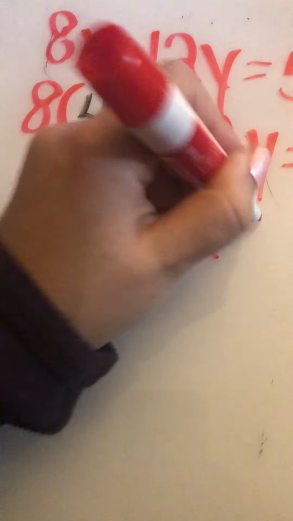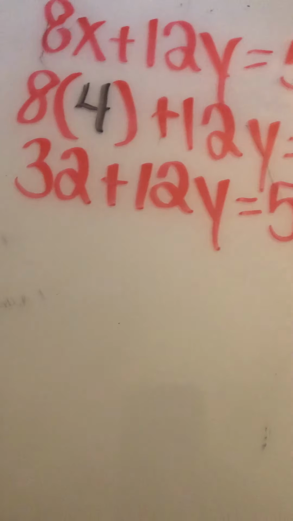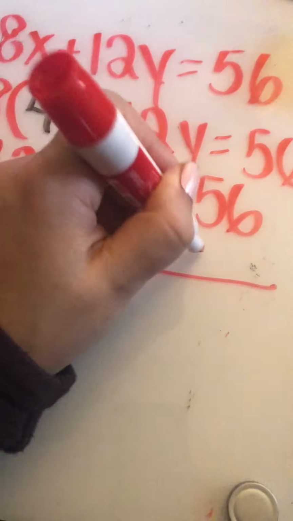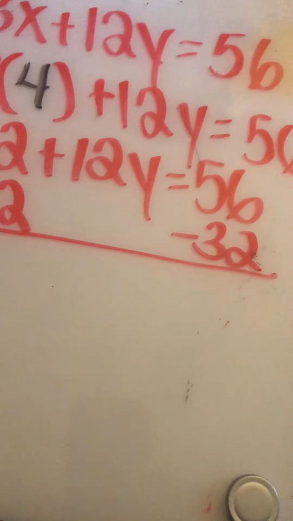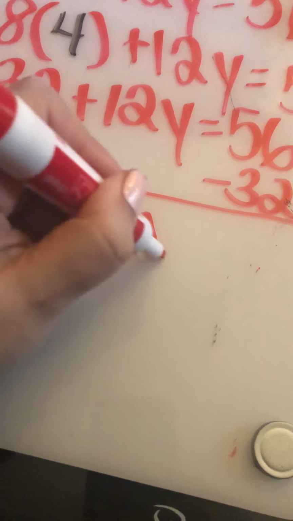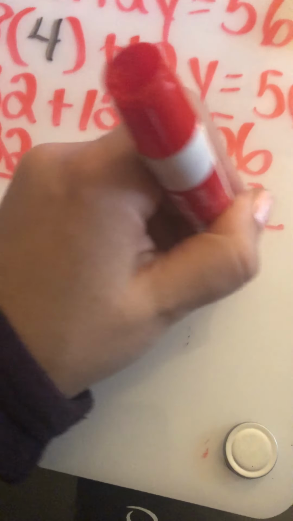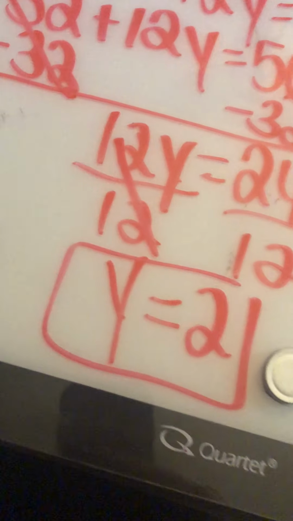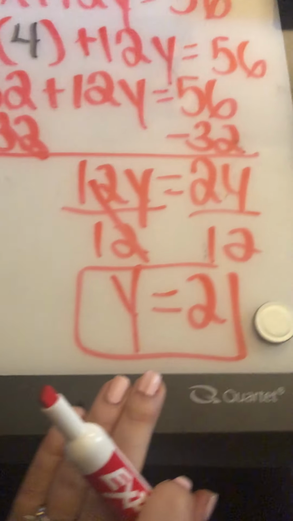Plus 12y equals 56. We would subtract our constant of 32, so minus 32 to both sides. Cancels over here. I'm left with 12y equals 24. Divide by 12. So y equals 2. So our solution, our final answer will be 4, 2.